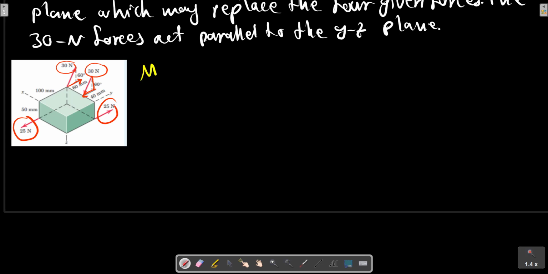So for Mz, if we choose counterclockwise as the positive direction, clockwise, positive direction, counterclockwise.